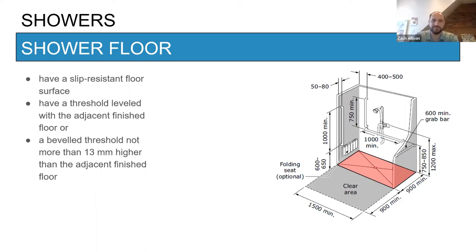So that's one of those fine details that I always recommend taking a double check on, primarily because it's one of the measurements that's slightly different than ADA. So be careful when you're reviewing shower floors to make sure that if there is a bevel threshold, it meets the 13 millimeter measurement, because there are a number of products out there that will comply with the US measurement, but not the OBC or Canadian option.